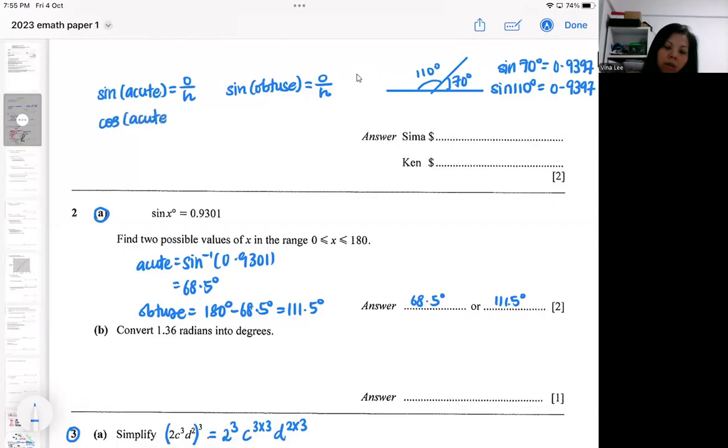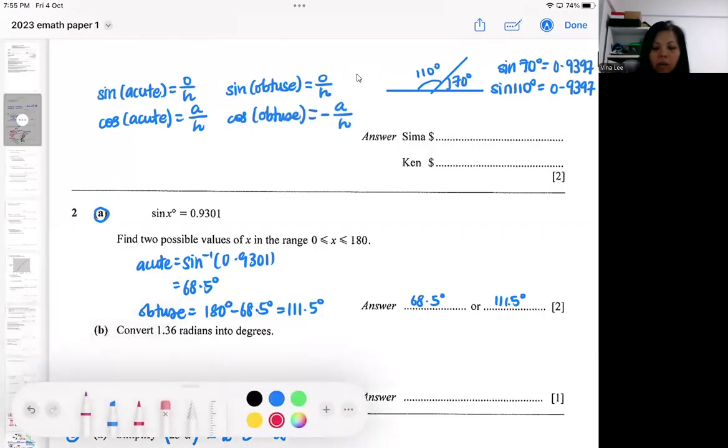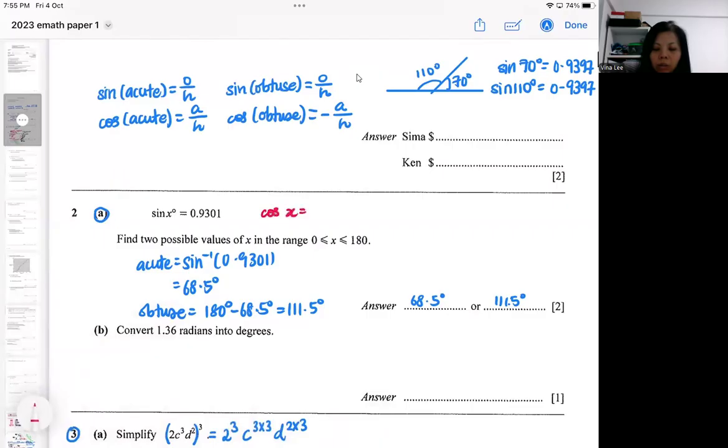For cosine, it will be A over H. However, cosine obtuse will be a negative A over H. So if we change the question to cosine x equal to this, you will not have two answers. There's only one acute answer, so that will just be cosine inverse 0.9397.